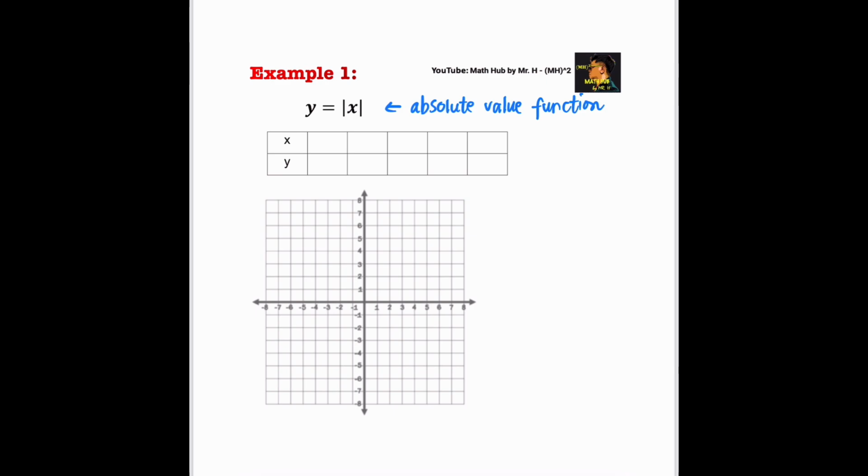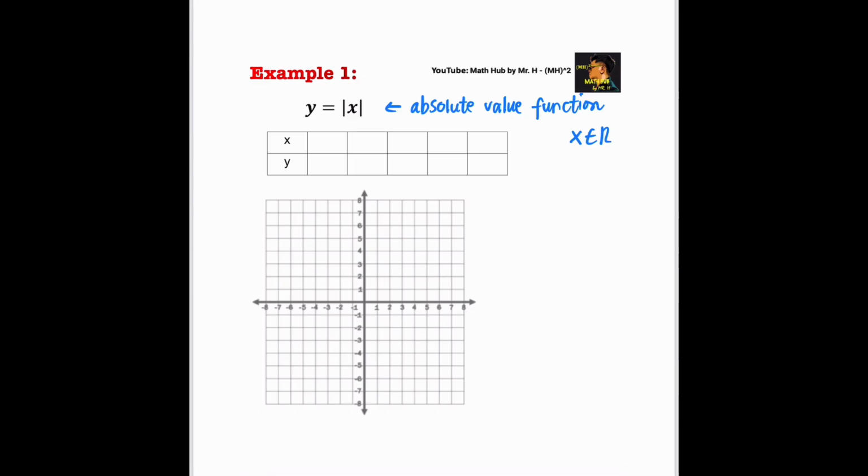And for an absolute value function, we don't have any restrictions for the domain, or the x values, the set of x values. So that means any x values, as long as they are real numbers, are fine.